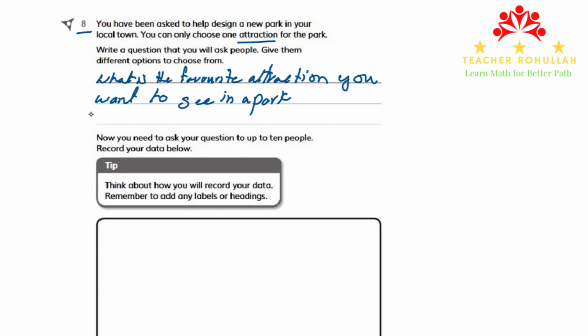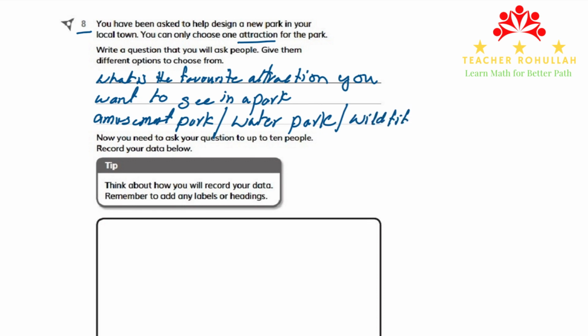The options that I give them are amusement park, water park, and wildlife park.